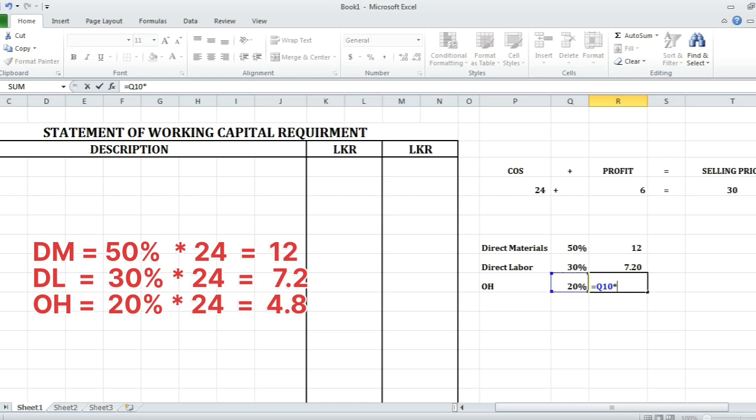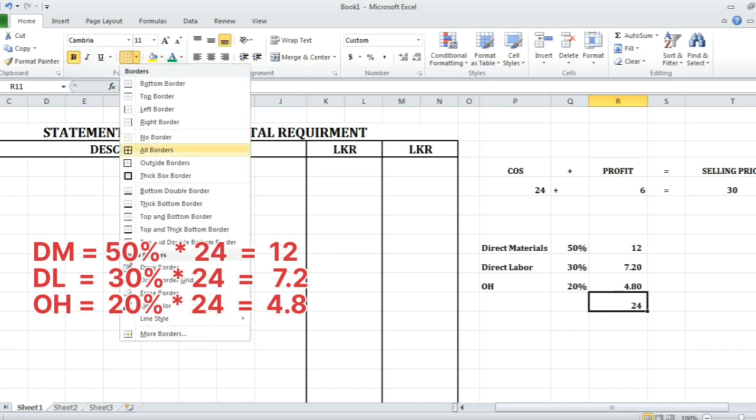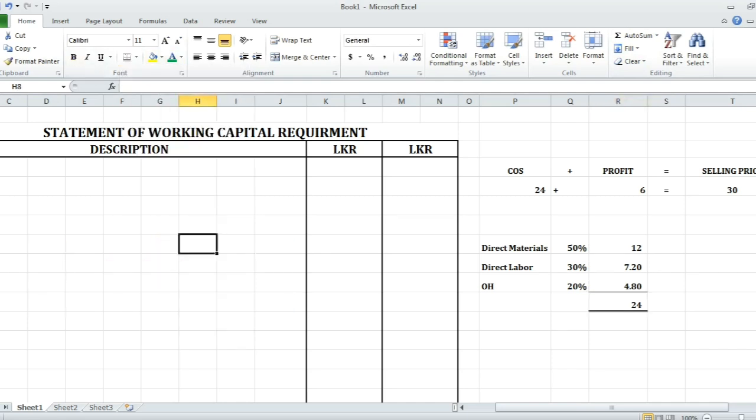So 20% into 24 rupees, 4.80 rupees is the overhead cost per unit. Total cost of sales per unit is 24 rupees. Okay, now we have found the cost of each element. Now we can do the accounts.